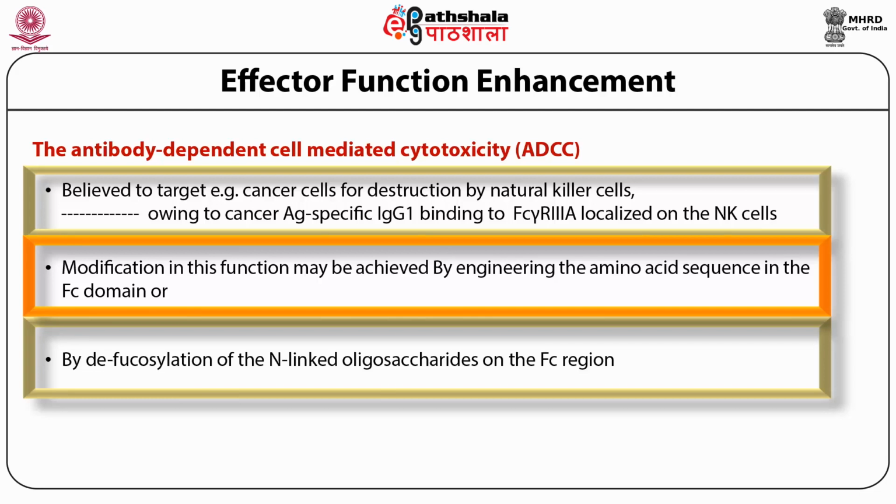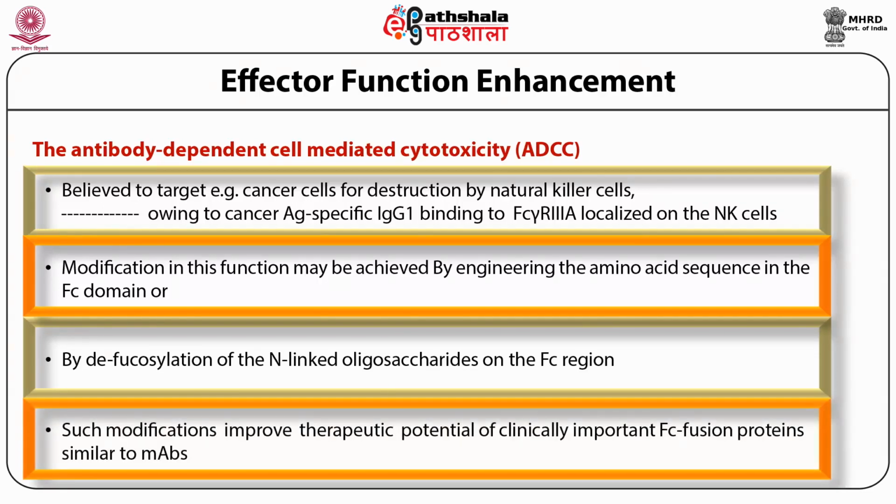For example, in our case, Fc receptors on the NK cells. Now, the modification of this function can also be brought about by defucosylation of the N-linked oligosaccharides on the Fc regions. So, removing the fucosyl moieties from the Fc region can also enhance their binding to their receptors. Such modifications improve the therapeutic potential of clinically important Fc fusion proteins, similar to monoclonal antibodies.